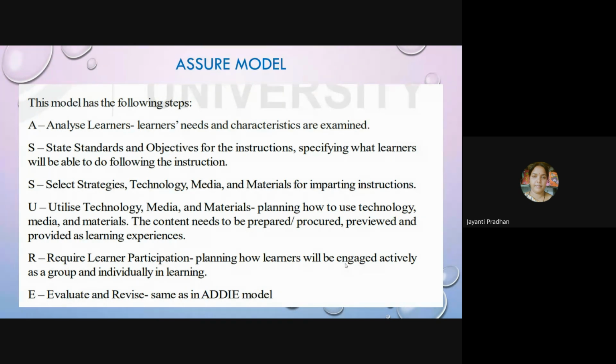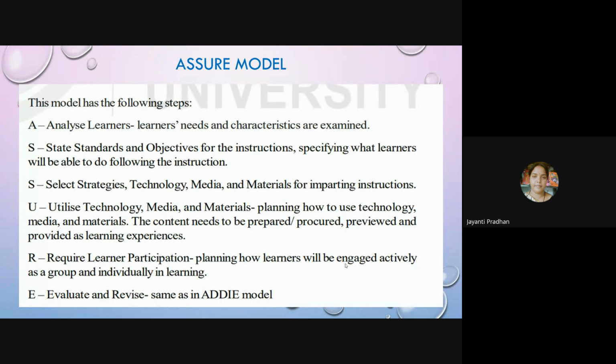Then the next one that starts from U is utilize technology, media and materials, or planning how to use these technology, media and materials. Then R, require learner participation, planning how learners will be engaged actively as a group and individually in learning. E, that is evaluate and revise. Okay.